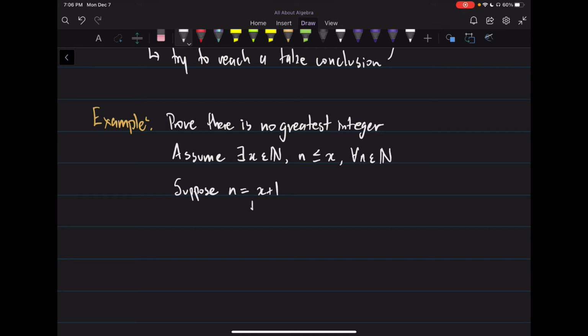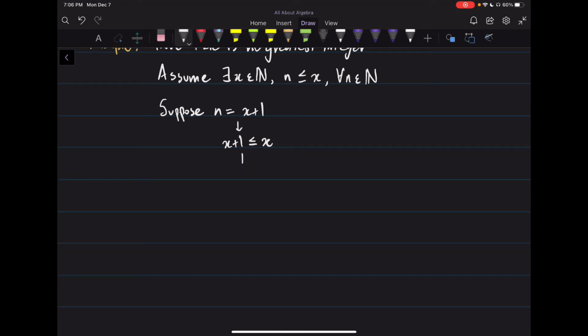Then we get x plus 1 is less than or equal to x. Well, this is a contradiction, right? Because a number plus 1 cannot be less than or equal to itself. It always has to be greater when you add 1, right?